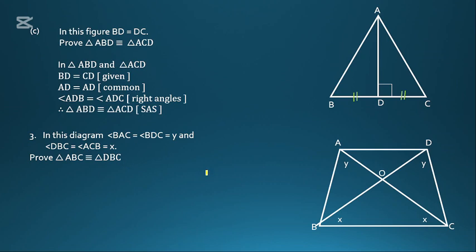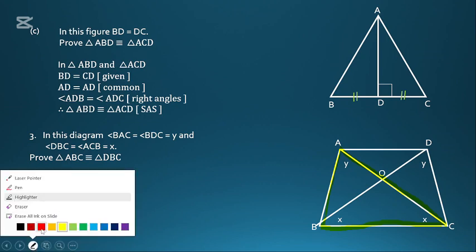Now it looks a bit difficult to see the two triangles over here, so I will actually color them in. Yes, A, B, C. This is the one triangle. Okay. Let's take another color, red.